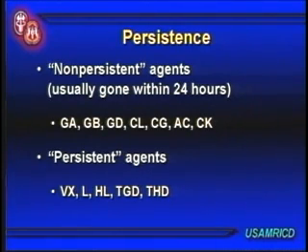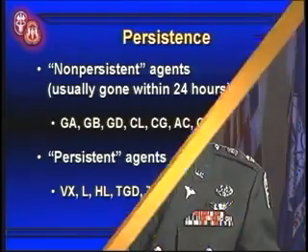The G nerve agents, GA or tabun, GB or sarin, and GD or soman, are liquids that evaporate at about the same rate that water evaporates, or somewhat more slowly. They evaporate quickly enough that under usual temperatures and pressures, they will have disappeared within 24 hours of their deposition.